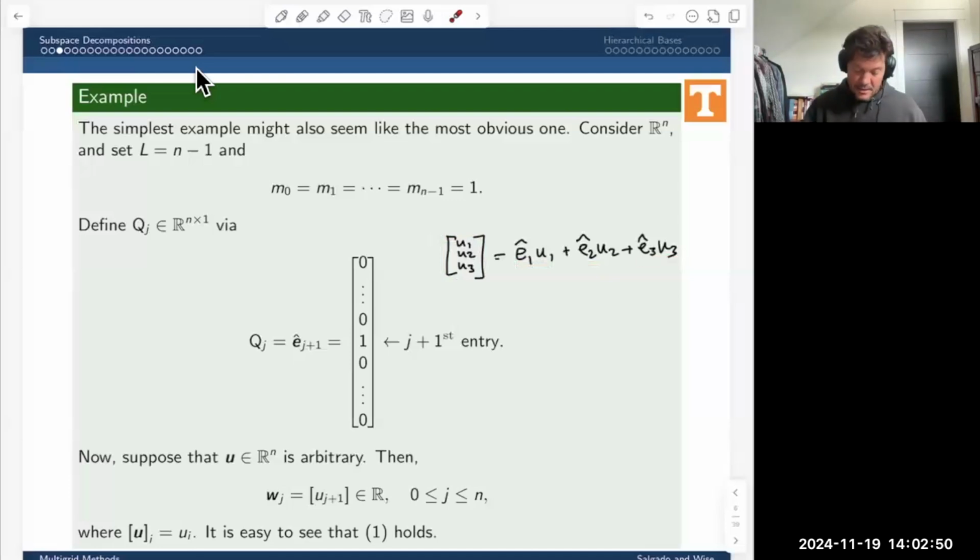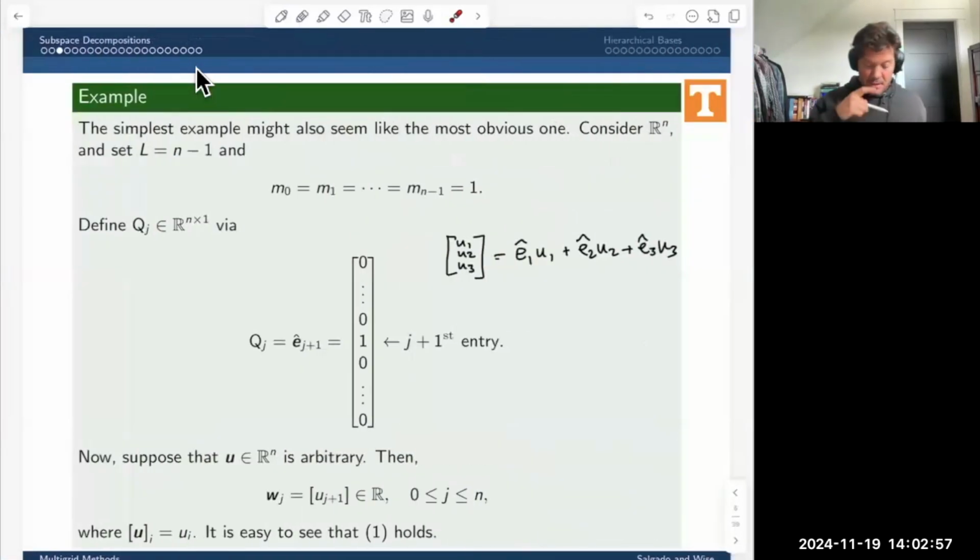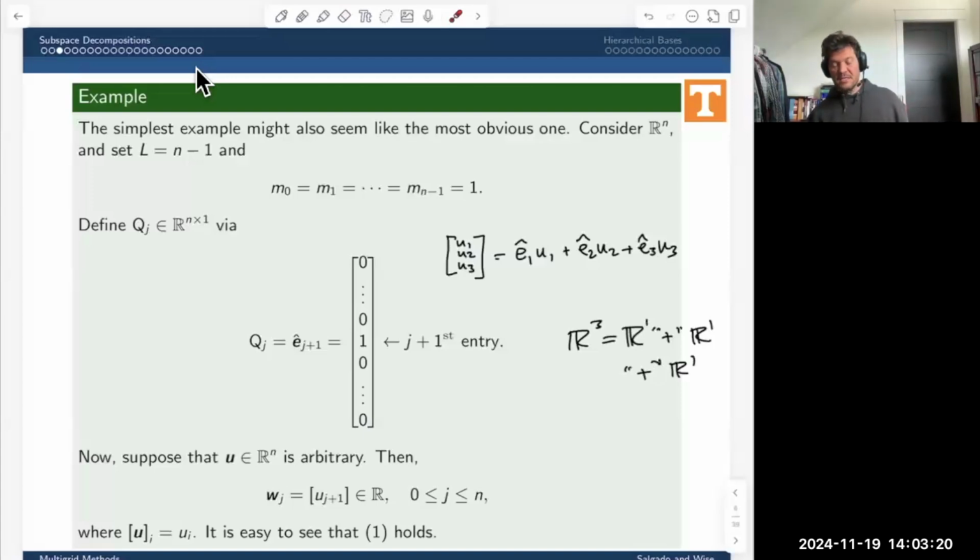But what I really need is that when I add them together, I get back to my original vector U. So this is a simple example, probably the simplest way I can do this decomposition. And really, this is like saying that R3 is going to be written as R1 plus R1 plus R1. I can't really add those spaces together, but in a sense I can.